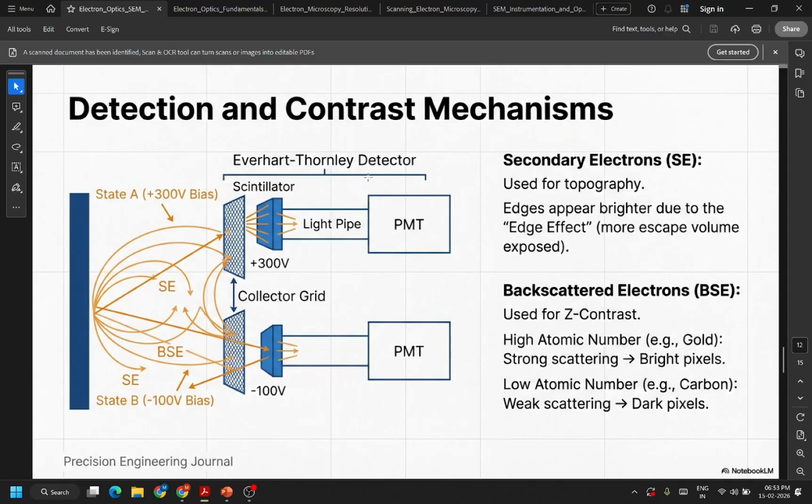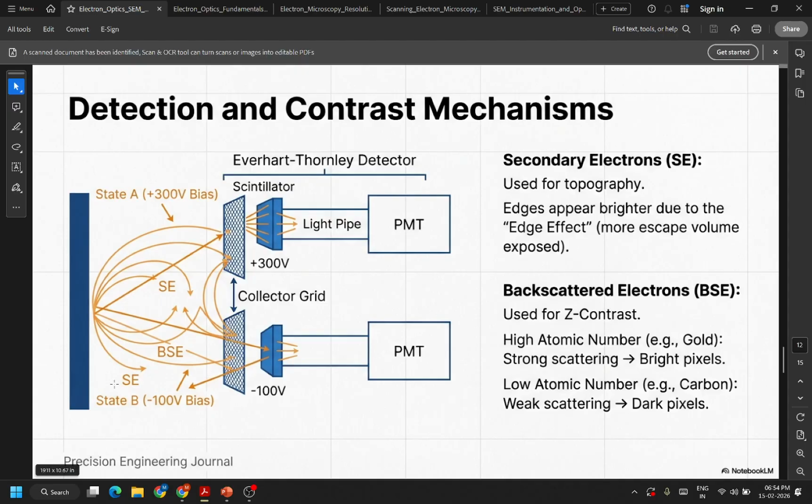For detecting these electrons, you have something called the Everhart-Thornley detector, which has two types of collection grids. One is set at a bias of 300 volts, one is at a bias of minus 100 volts. The 300-volt collection grid will allow both secondary electrons and backscattered electrons, whereas the minus 100 volt bias will only allow your backscattered electrons.